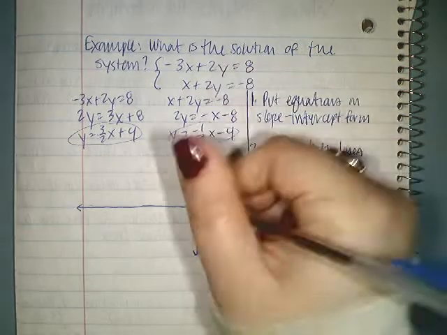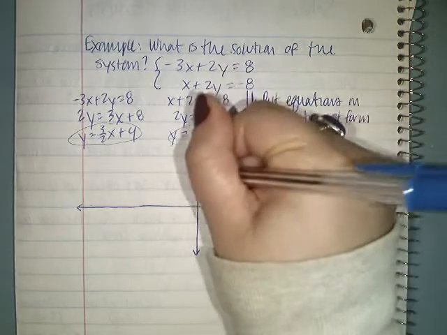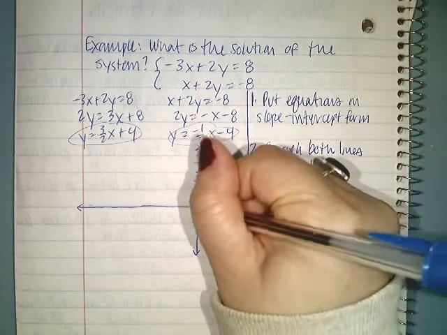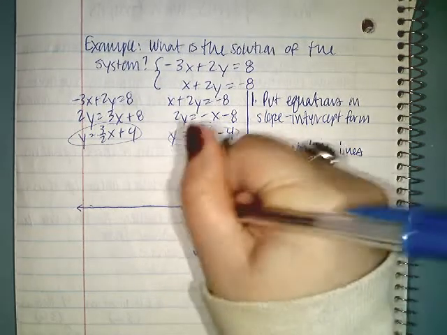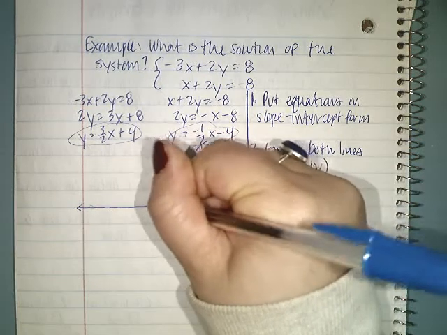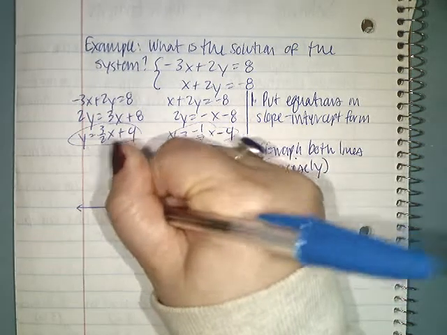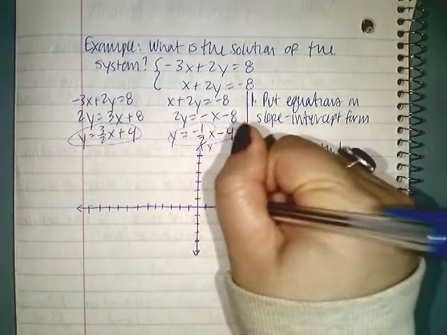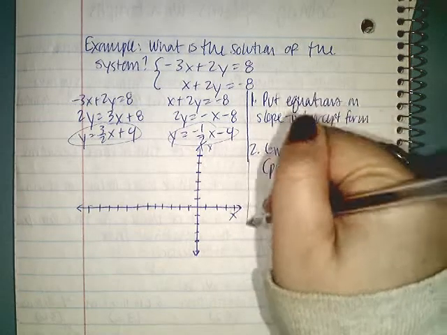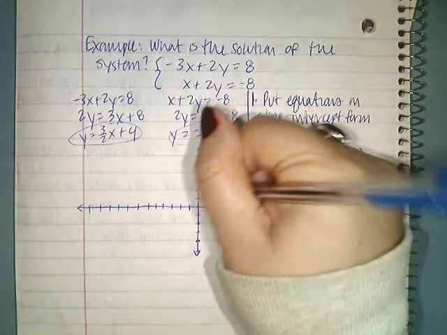I have x and y. I'm going to go 1, 2, 3, 4, 5, 6. 1, 2, 3, 4, 5. 1, 2, 3, 4. All right, so if I graph my first line, I'm going to start at positive 4.